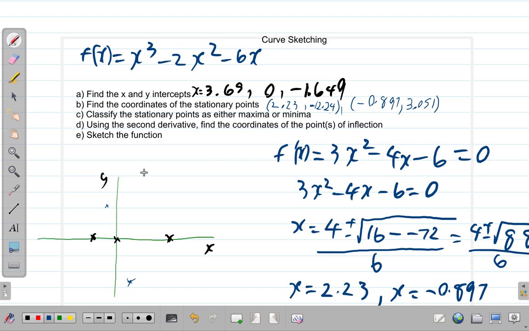Now, it seems to me, I can bet you, that the stationary point at 2.23, negative 12.24 is going to be a minimum point and the other one a maximum. But you need to find it out using calculus. Alright? So they say classify the stationary points as either minima or maxima. We will figure that out in the next video.